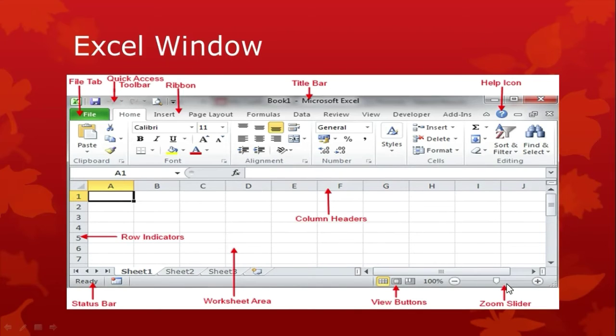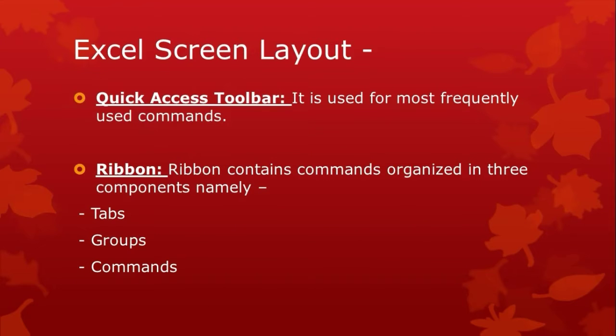This is your zoom slider. This is the scroll bar, vertical scroll bar, and this is the horizontal scroll bar. This is your formula bar. Now we'll see this in a bit more detail.